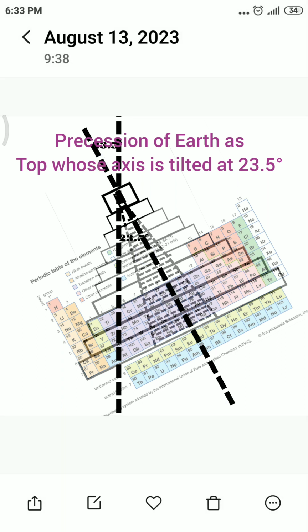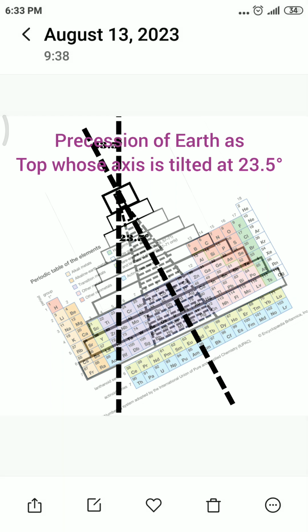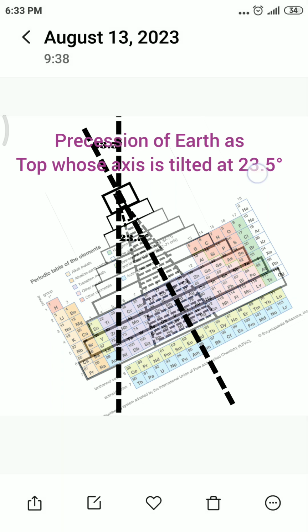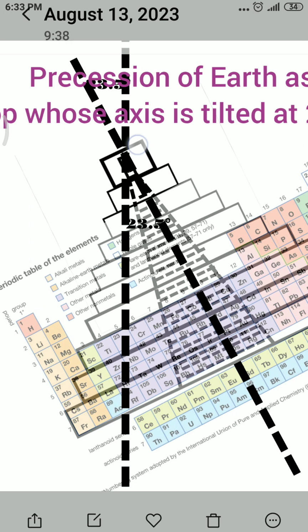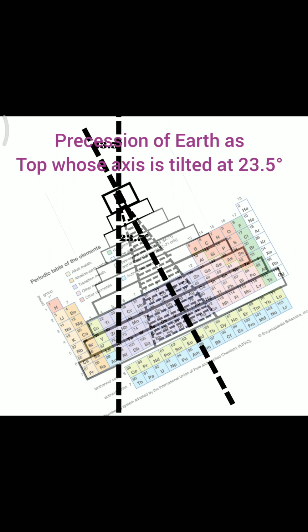It is distributed on either side depending on this axis, which is 23.5 degrees to the right, let's say. That's the reason why we have fewer elements on this side and more elements on this side.